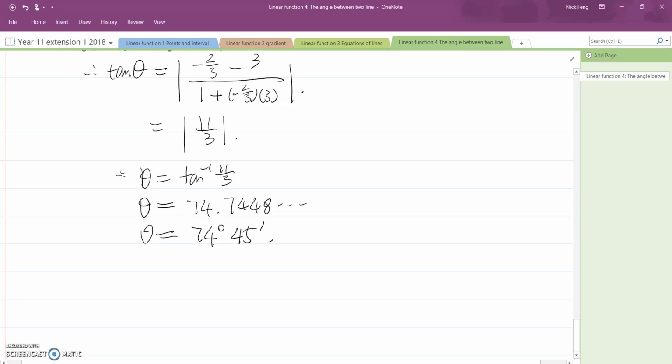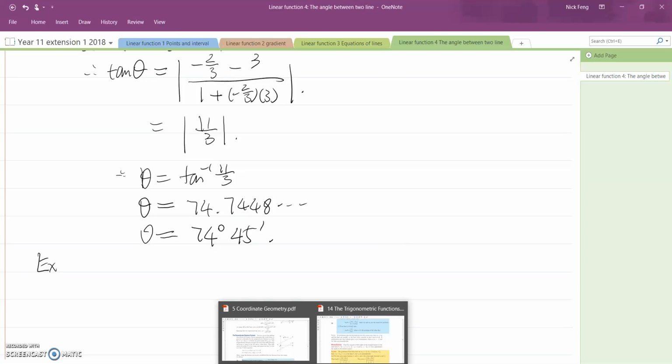Okay, homework. This time is a little bit weird because it's not in the coordinate chapter we have been doing. It's an exercise, still in the Year 11 book. Let me check.